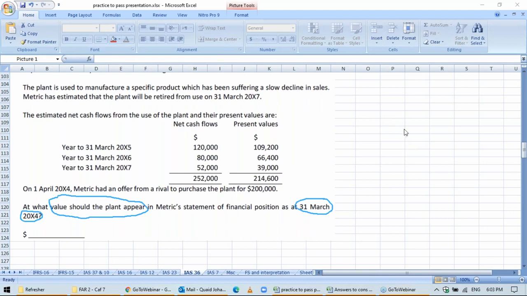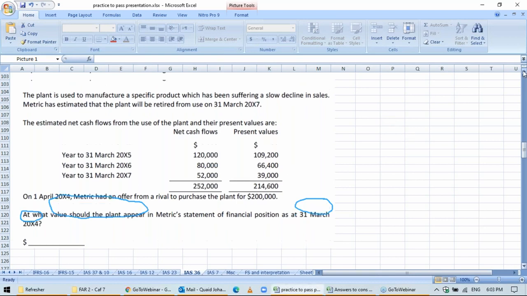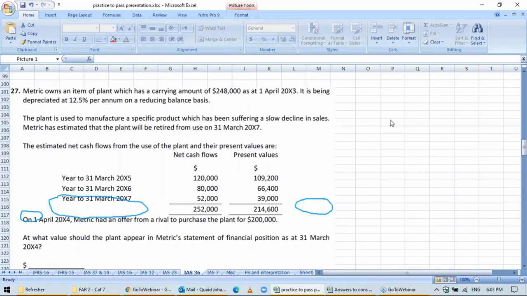So the plant was having a carrying value of 248,000 on 1st of April 2003, right? So first we will deduct depreciation out of it in order to arrive at the carrying value on 31st March 2004, right? Depreciation is being charged at 12.5% per annum on reducing balance basis.